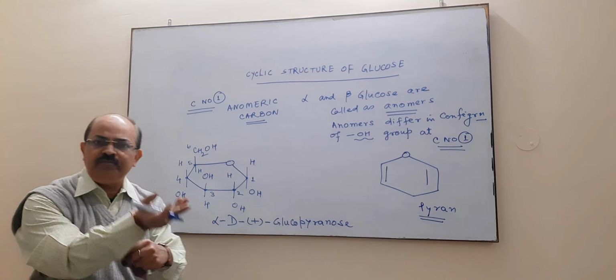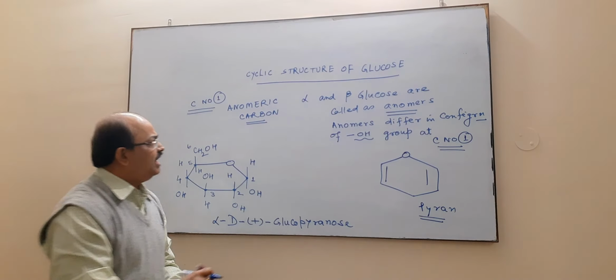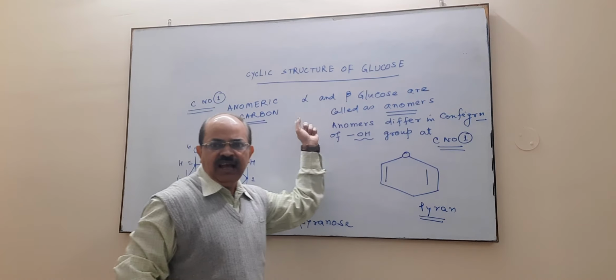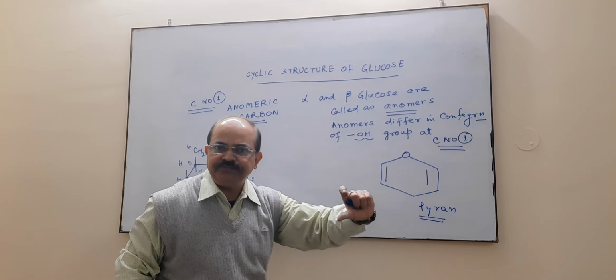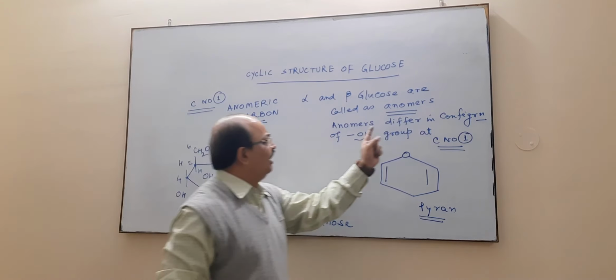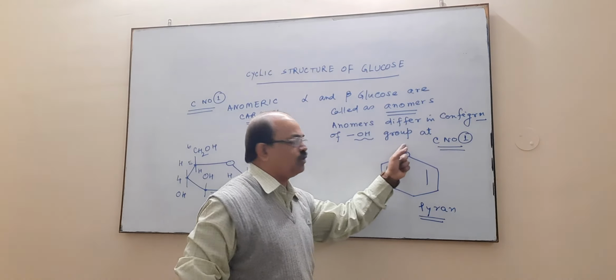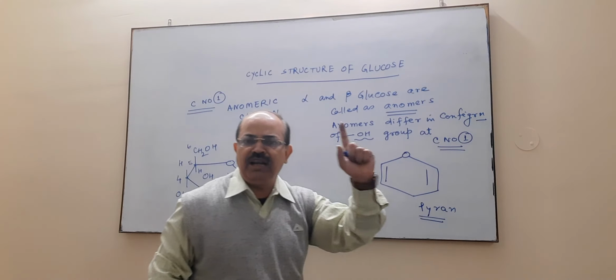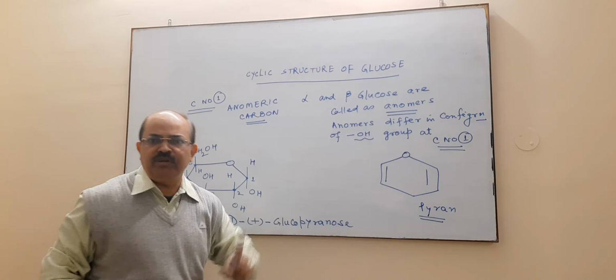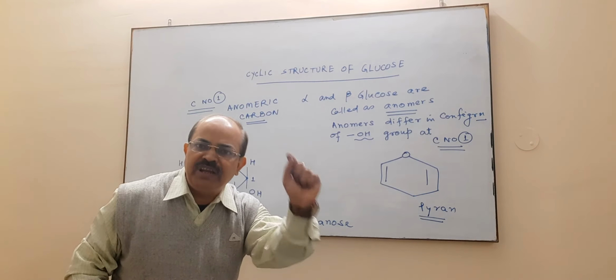Then what will be the beta form? Alpha and beta are anomers. They differ in the configuration or arrangement of the OH group at carbon number 1, because carbon number 1 is referred to as the anomeric carbon.